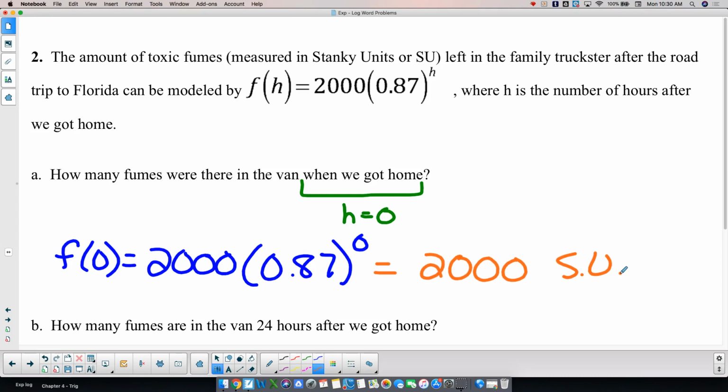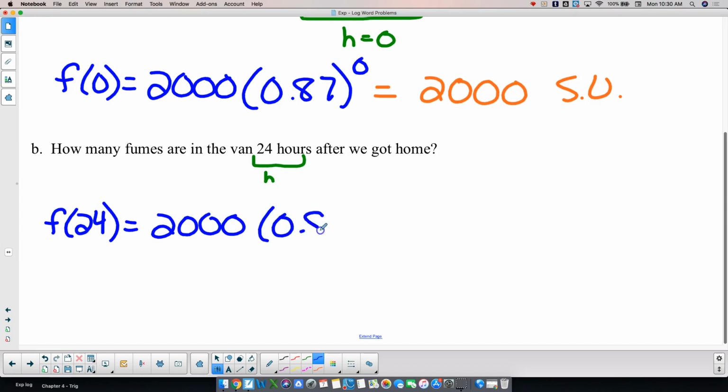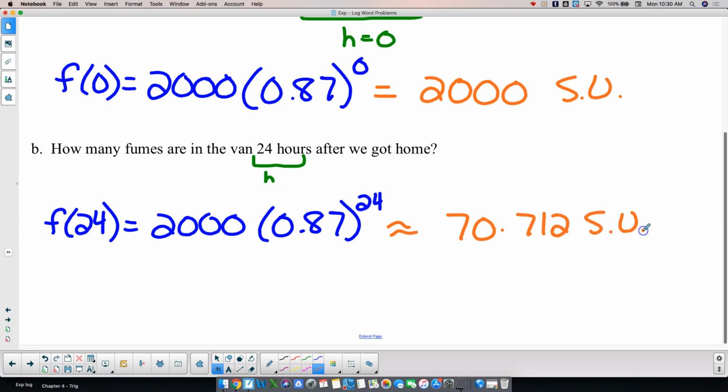24 hours later, so now this is my h. So f of 24 is equal to 2,000 times 0.87 to the 24th power. 2,000 times 0.87 raised to the 24th power gets me 70.712 Stanke units of fumes in the van.